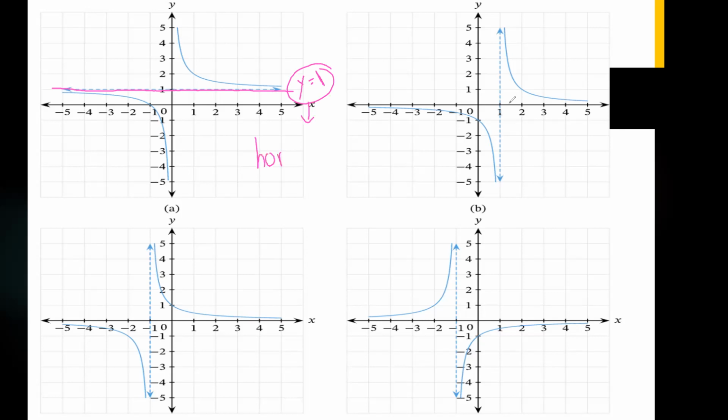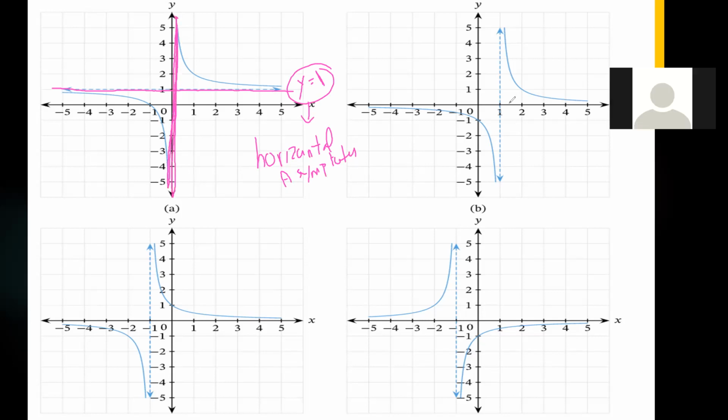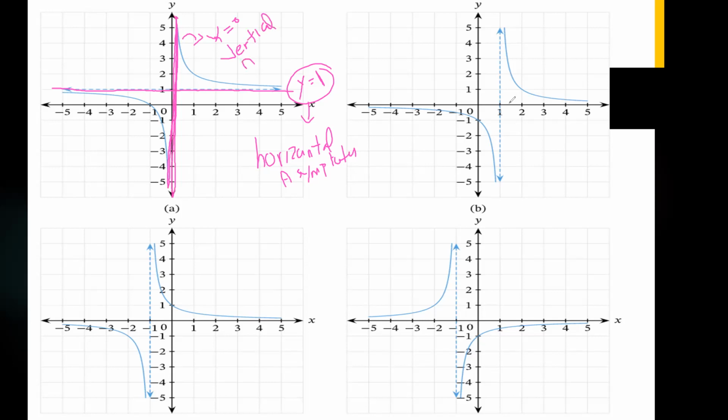The horizontal asymptote is parallel to the x-axis, but I write it as y equals something. Now, where is the vertical asymptote? This line here is the line that didn't touch the curve. So this line at x equals 0, we called it vertical asymptote.